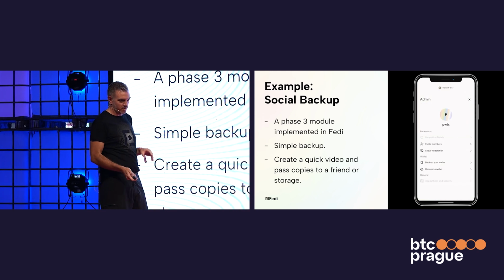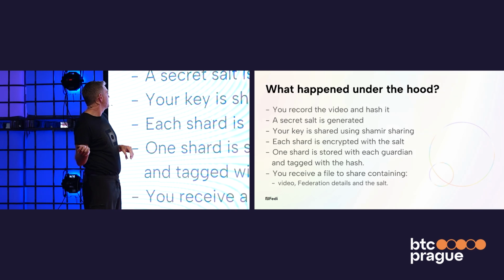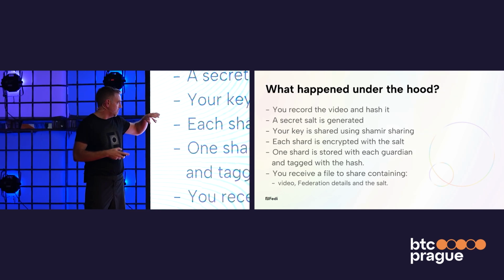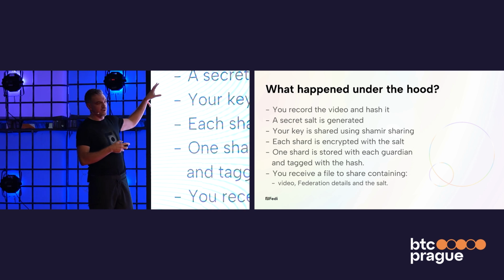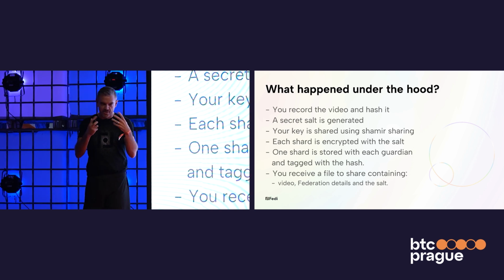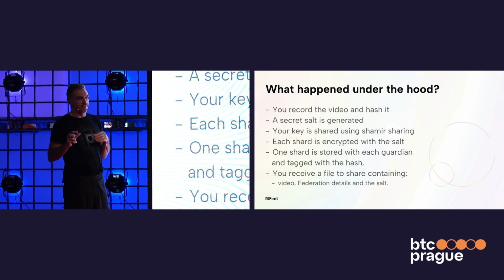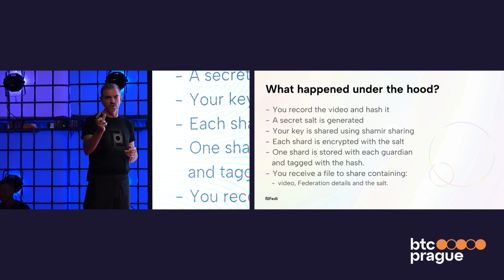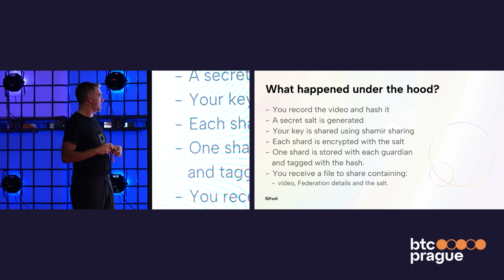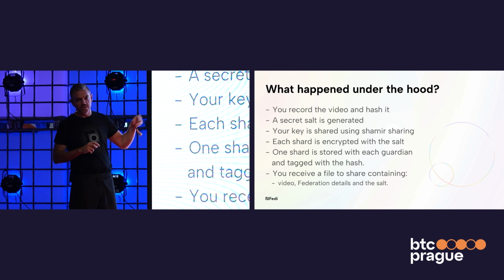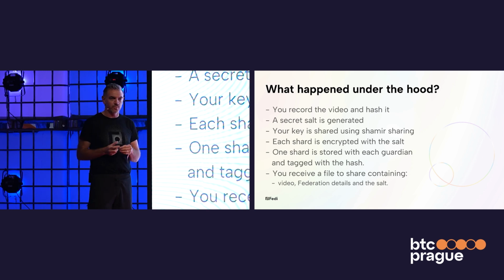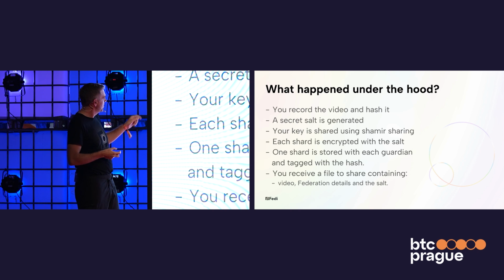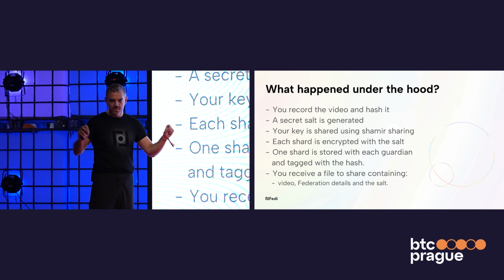So just to give you an idea of what's going on in the background, you pull up the camera, you record the video of yourself, and we take that video and we just create a hash of that, and then that's going to be our coat hook that we're going to use to get back what we need at the end. We also generate a secret salt, a very long, complex password, and we use that to encrypt 4 shards of our password.